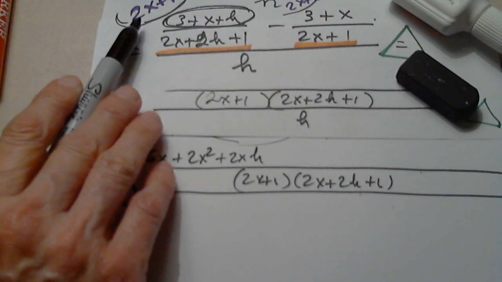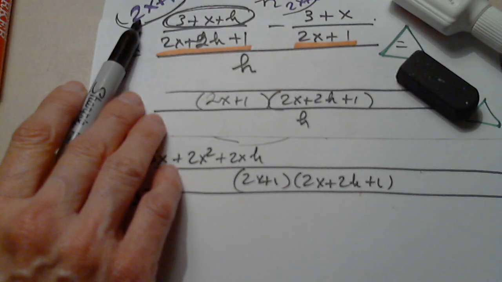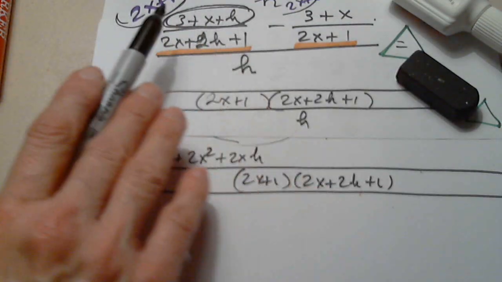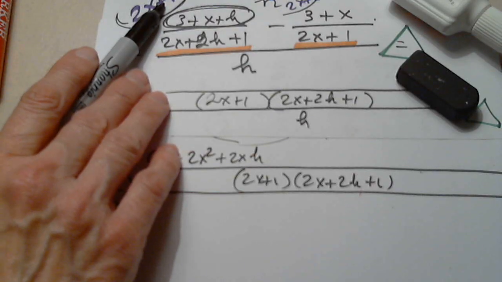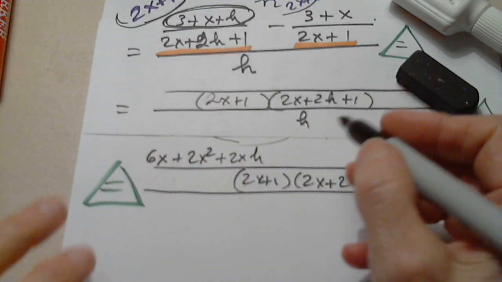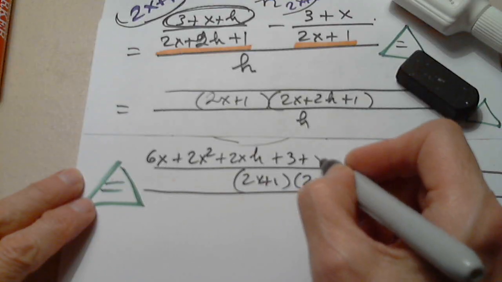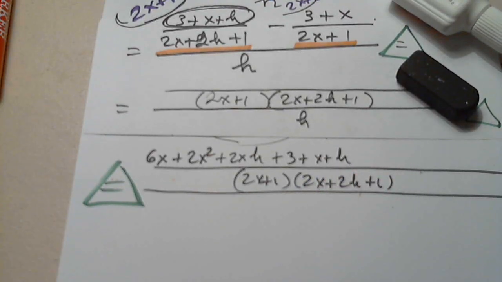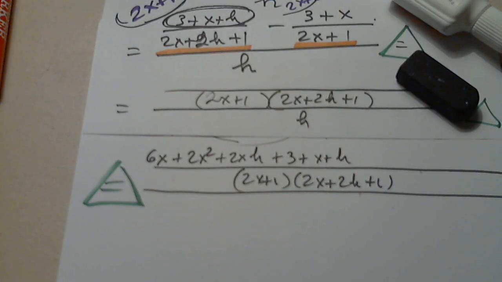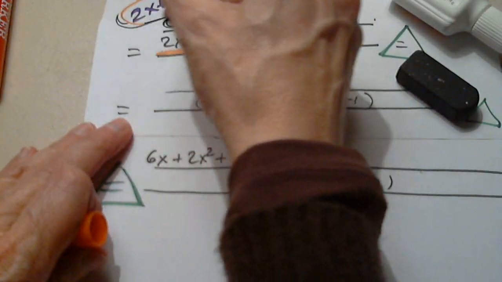So I distributed 2x to these 3 terms. Now I have to distribute 1 to these 3 terms. So that's easy. Plus 3 plus x plus h. I completed this product.